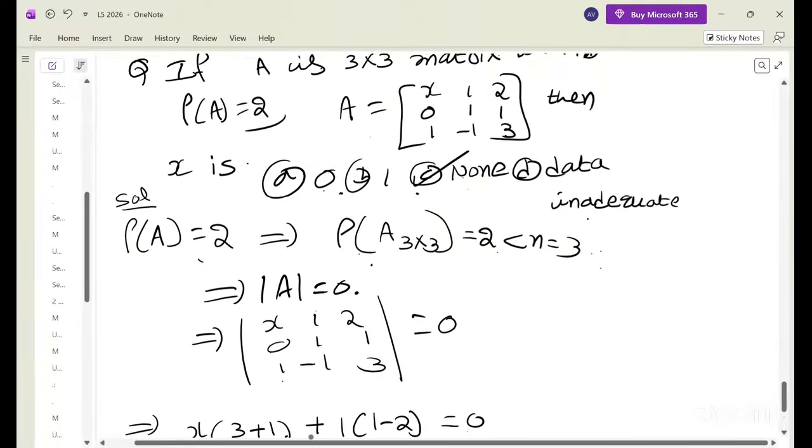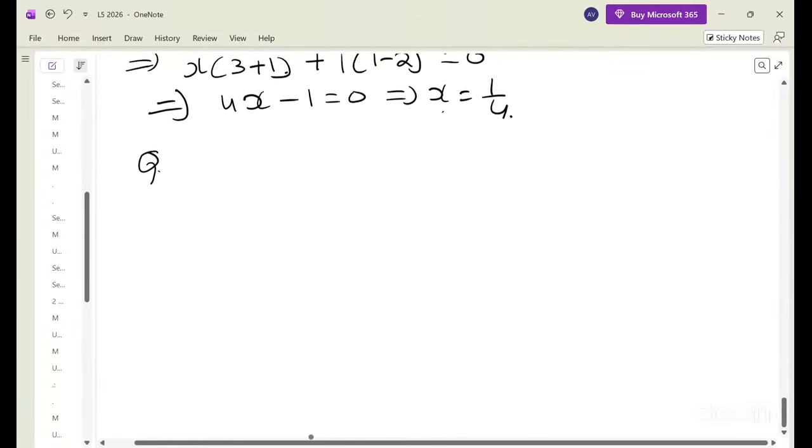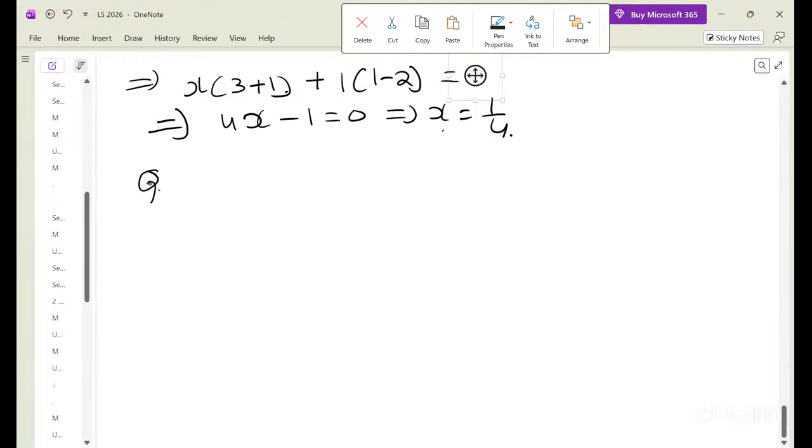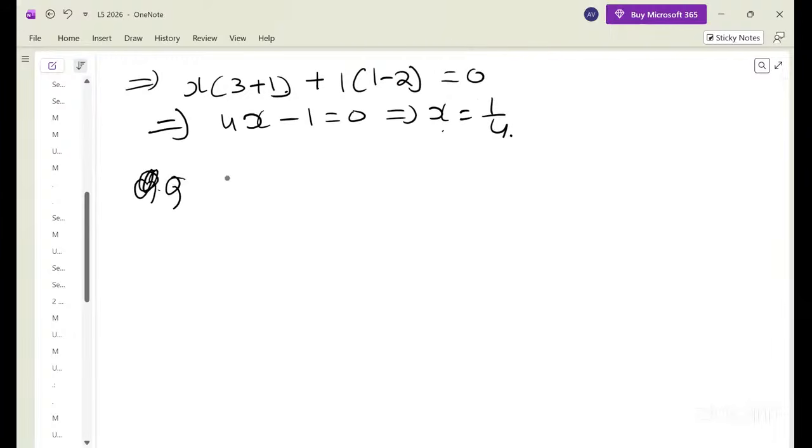I'll give you some questions using this. Find the ranks of the following matrices.